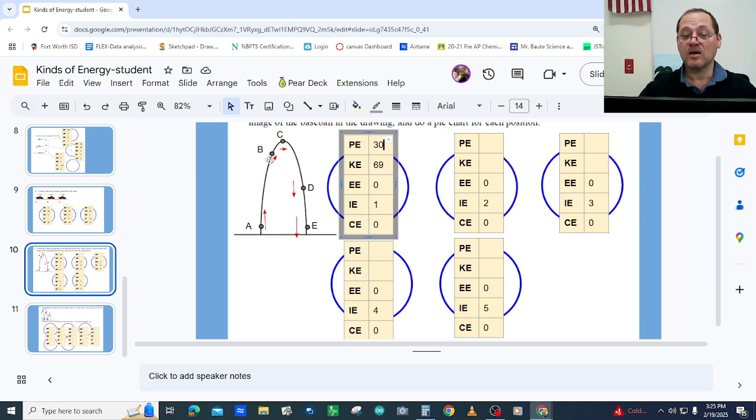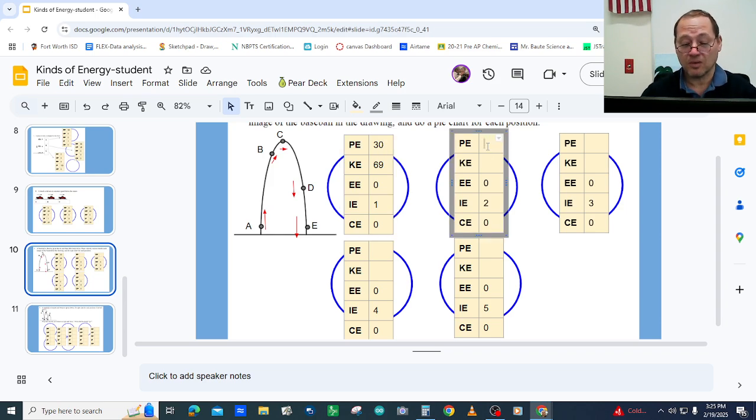At point B, it's a lot higher, almost to the maximum height, so it's moving a lot slower. So I would say about 80% of the energy is as potential, and then, well, 80 plus 2 is 82, so you have about 18% of the energy as kinetic.